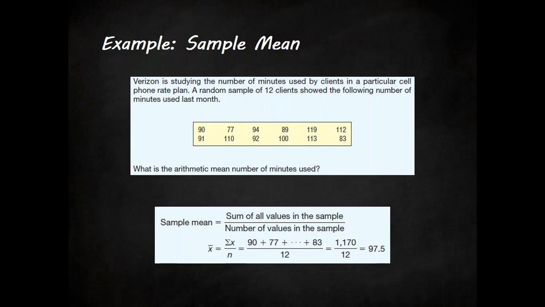Now, before I said, what is the average number of minutes in the population, I'm well aware that we're only looking at a sample, but often when you look at samples, what you're attempting to do is utilize that sample and generalize it to the population. It is very expensive and very difficult to obtain all of the information for an entire population.